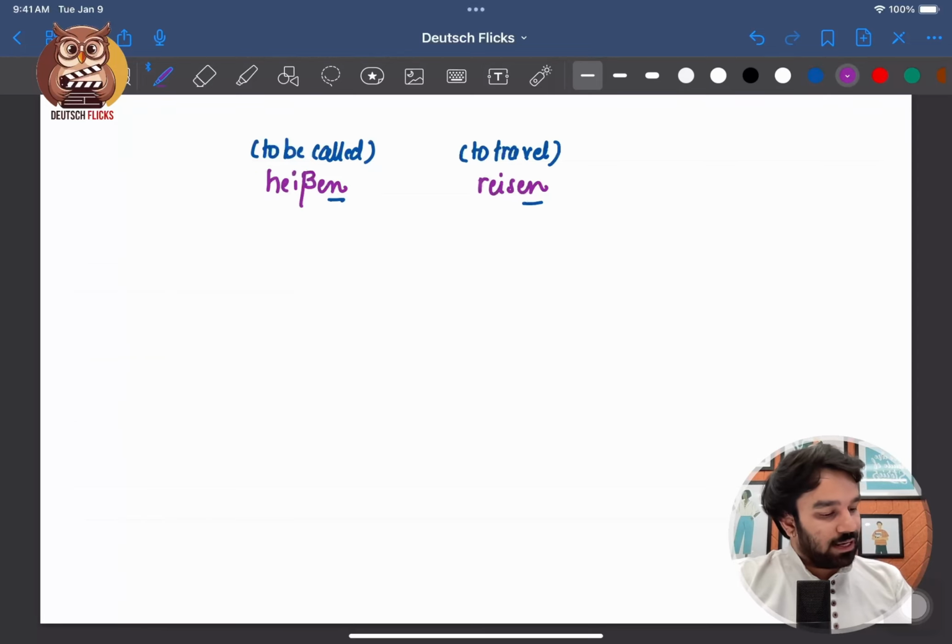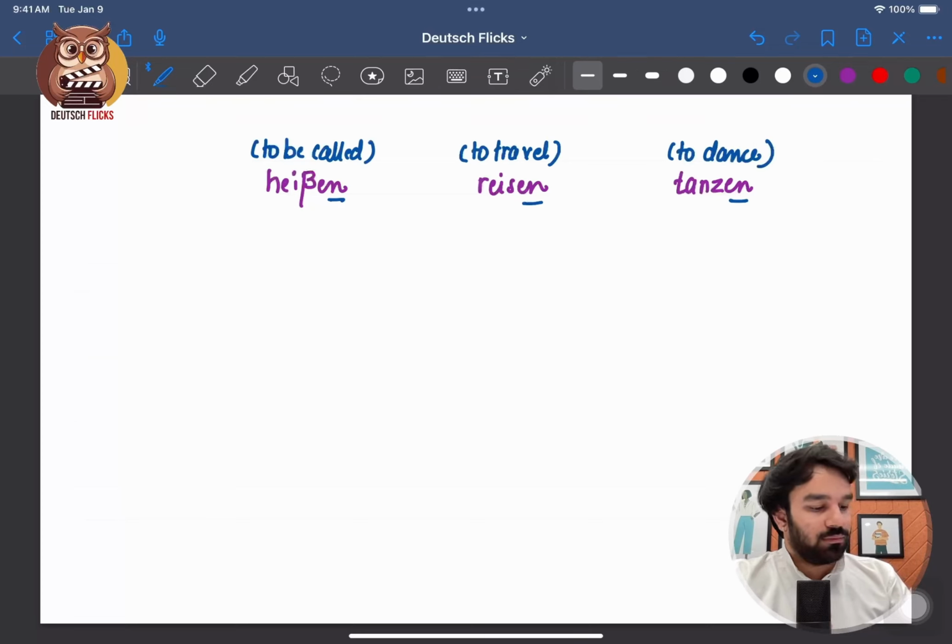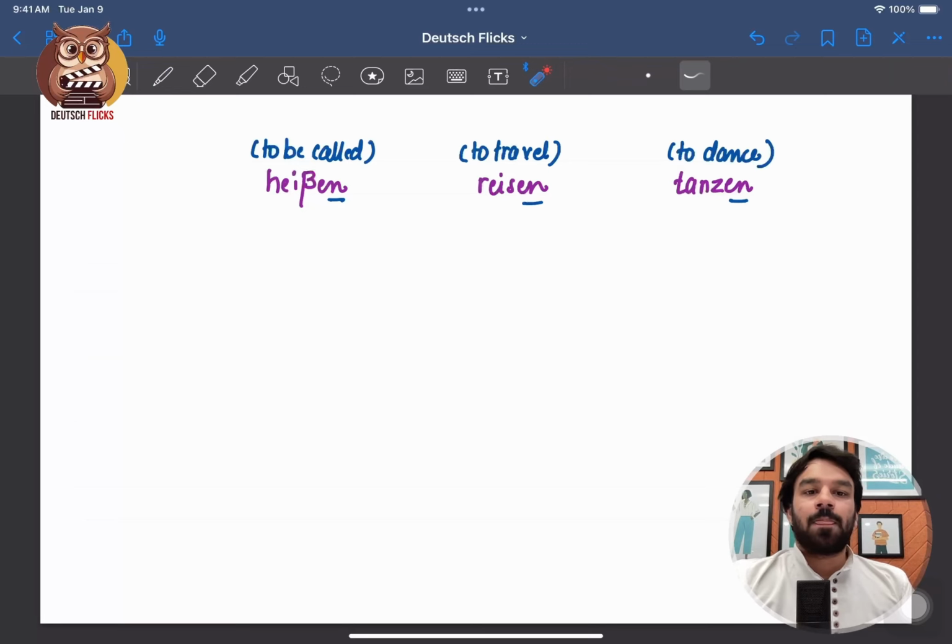And let's take one more verb, tanzen. I think now you can guess the meaning of tanzen. It is close to the English verb to dance. Now I want you all to write the conjugation, but I am pretty sure that you'll make some mistakes because we will have another rule in it.